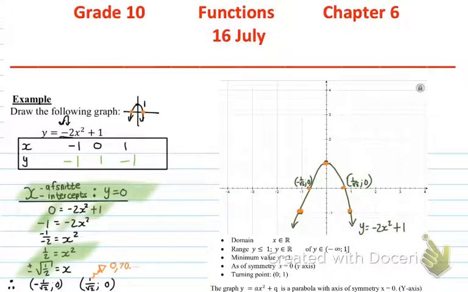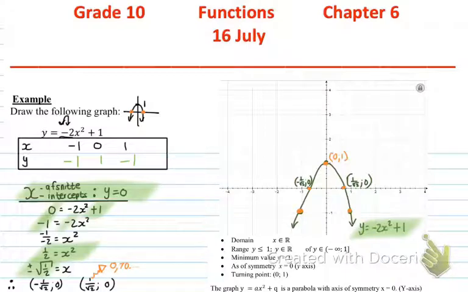Then I draw a curve with arrows on the ends and also the equation. I also have to write down the coordinates of the intercepts. The coordinates of the x-intercepts are already there, and then the coordinate of the y-intercept is 0, 1. Okay, that's the complete graph.